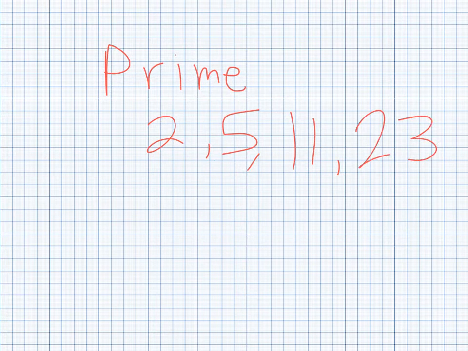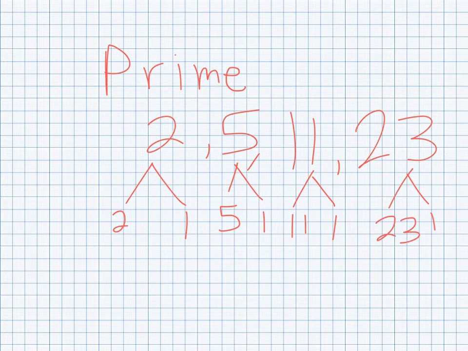So if you think of the factor pairs of 2, the only two numbers that will go in to make 2 when you multiply them together are 2 and 1. For 5, the only factor pair is 5 and 1. For 11, the only factor pair is 11 and 1. And 23, the only factor pair is 23 and 1. These are not the only prime numbers that we have. These are just a few examples.